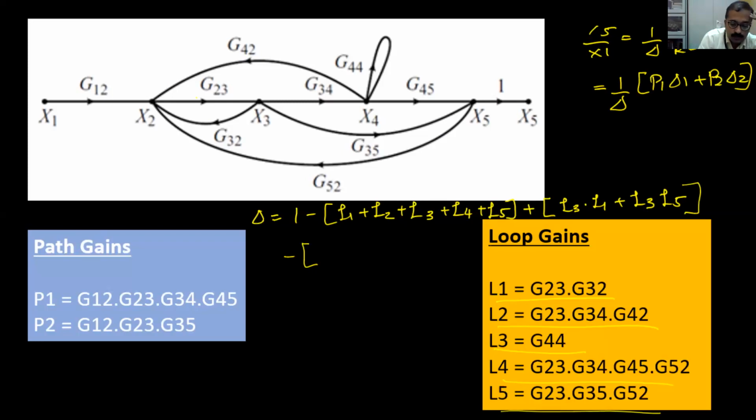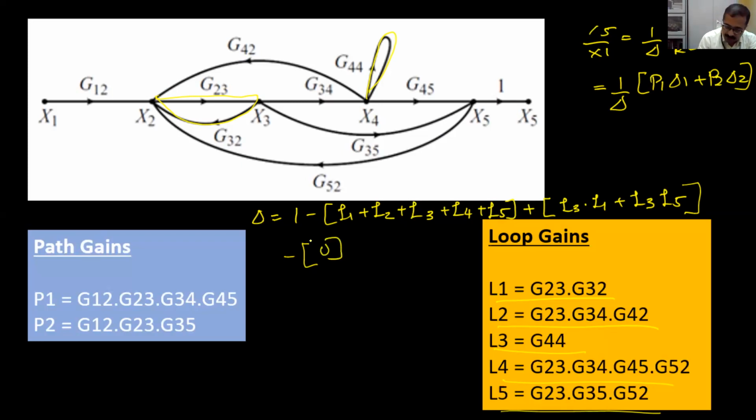No, all are touching only. There are no possible three non-touching loop gain products here. So it is 1 minus 0, and the remaining terms will be 0.